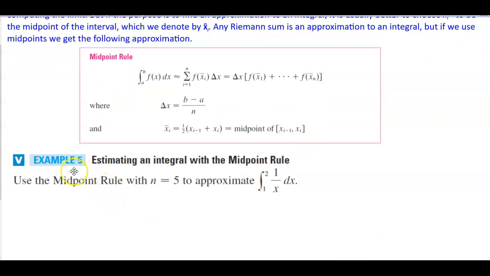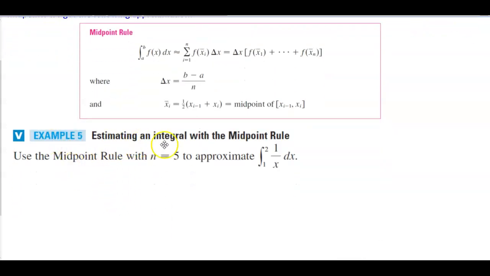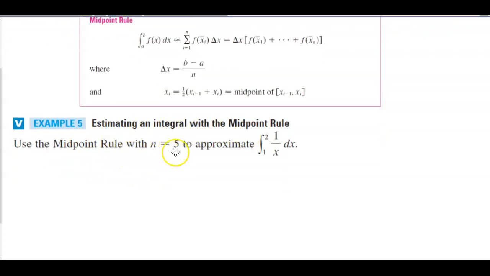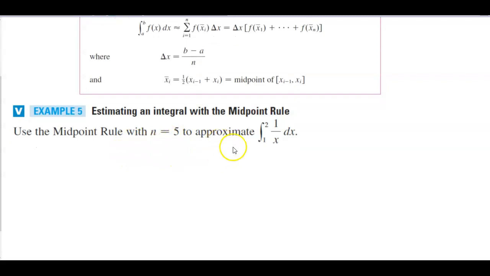Okay, now let's take a look at example 5, estimating an integral with the midpoint rule. We're going to use the midpoint rule with n equal to 5 to approximate the integral of 1 over x from 1 to 2 dx. So the first thing we need to do is figure out, we know that n is equal to 5, and f of x is equal to 1 over x.